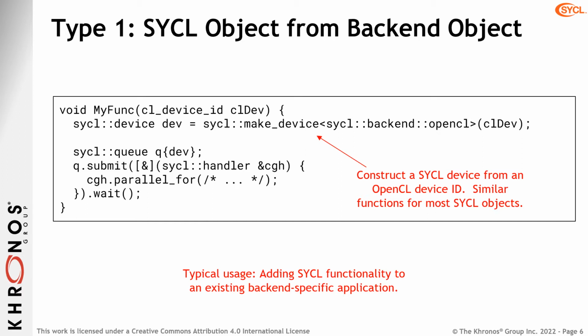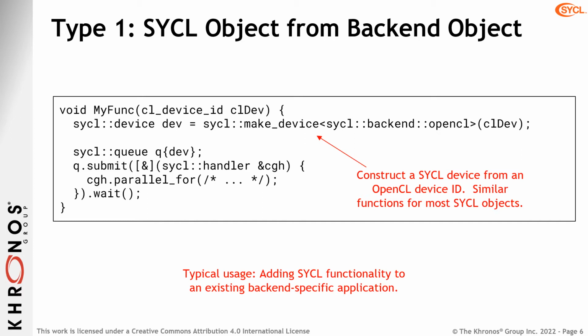MakeDevice is a templated function where the template parameter is an enumeration indicating the backend, and the function parameter is the OpenCL device ID. The return value from MakeDevice is the SYCL device object. Once you have the device object, you can then use normal SYCL APIs to submit work to it. So for example, here, we create a SYCL queue on top of that device, and then we submit a parallel for kernel to the queue.